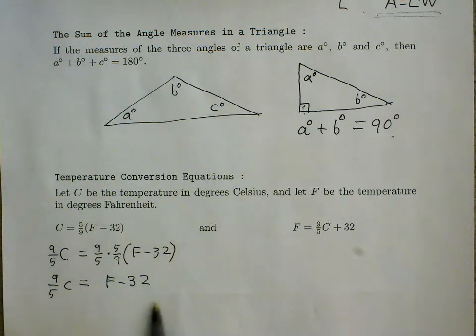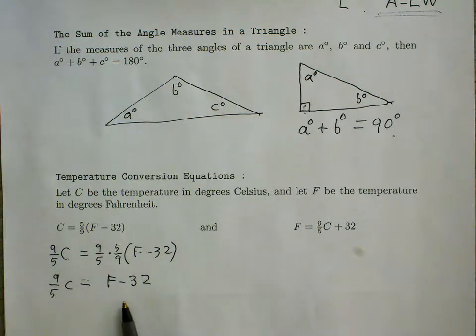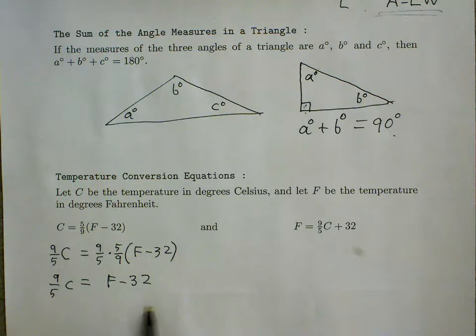And now we're just one step away from solving for F. Now all we have to do is add 32 to both sides. So this is just, well, it's a linear equation in two variables.